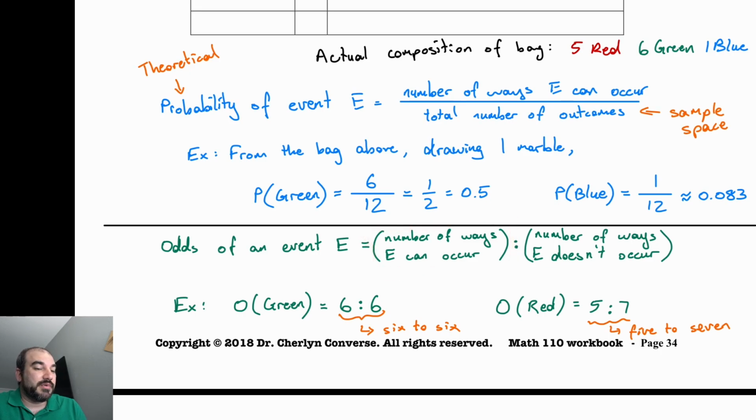So the number of ways we can get two greens is we would have to take all six of these greens and do 6C2 to count the number of different ways we can get two marbles that are green, right? And that would count the number of ways to get a green marble. And then we would say to, the opposite of that, which would be counting everything else that could happen when you draw two marbles.